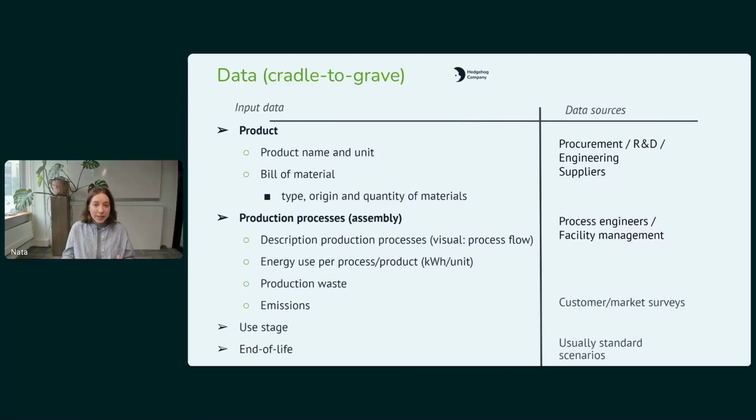Because of this, the end-of-life stage is always modeled based on standard scenarios from, again, LCA methodology guidelines or regional statistics on waste treatment. For example, we can check how waste plastic is treated in the Netherlands, what percentage of it is usually incinerated, what percentage is landfilled, and what percentage is recycled. So usually that data comes from our own research.